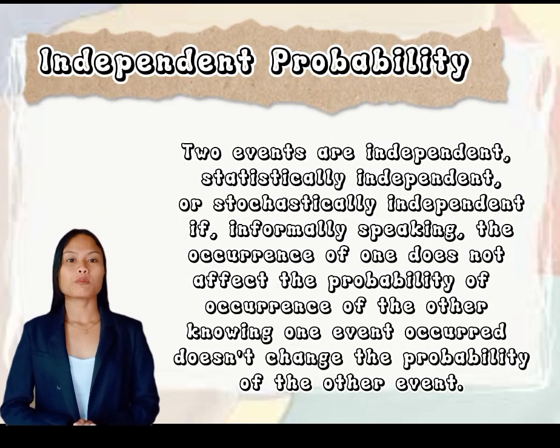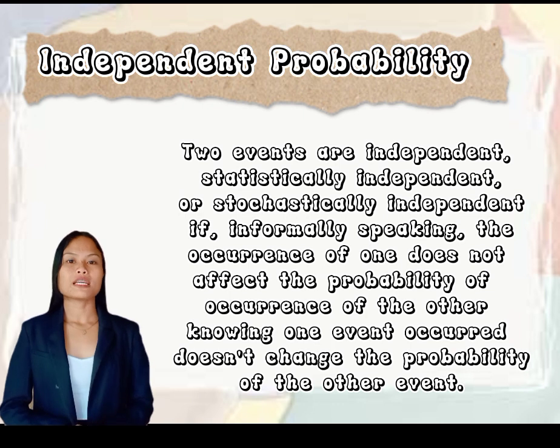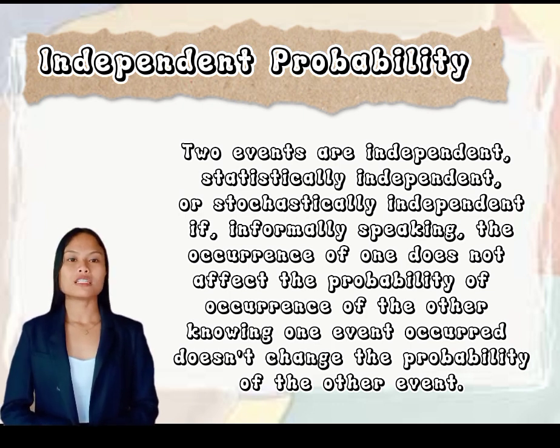Then, independent probability. Two events are independent, statistically independent, or stochastically independent if, informally speaking, the occurrence of one does not affect the probability of occurrence of the other.